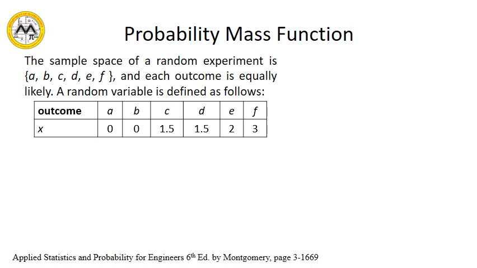The possible outcomes are a, b, c, d, e, and f, and we associate this to a random variable x taking values x sub i equal to 0 for a, 0 for b, 1.5 for both c and d, 2 for e, and 3 for f.